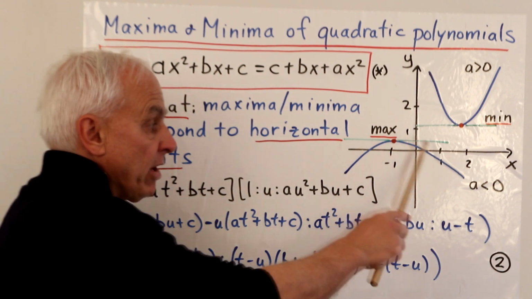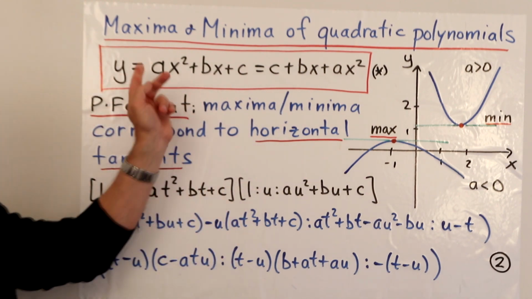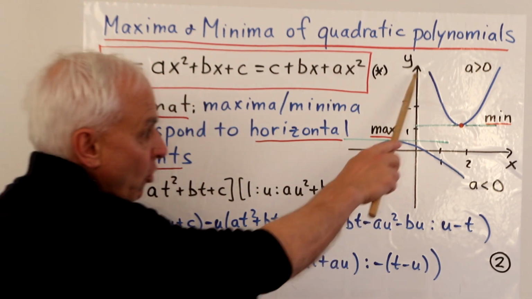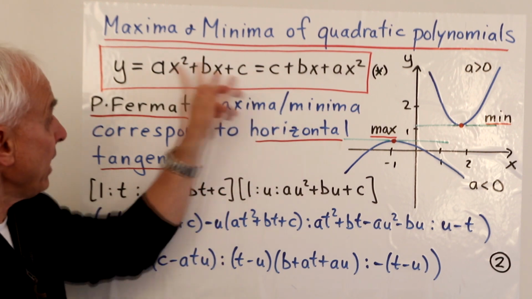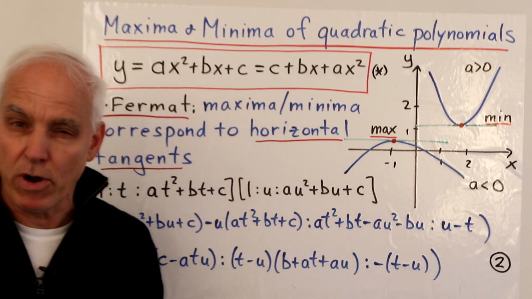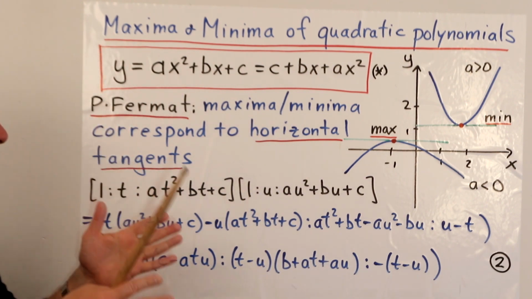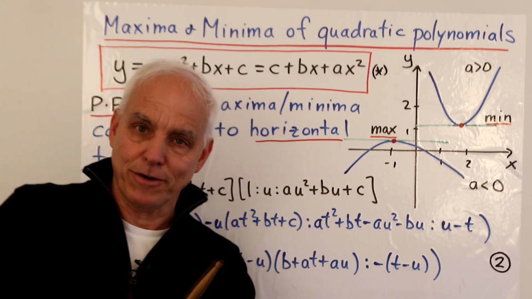Geometrically, this is a parabola opening either down like this or up like this, depending on the sign of a. If a is positive, it opens upwards like this and it has a minimum somewhere. And if a is negative, then it opens downwards like this and it has a maximum somewhere. And we're interested in finding out where those minimum or maximum points are.